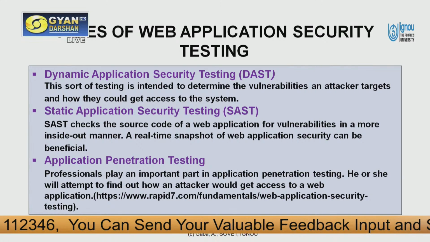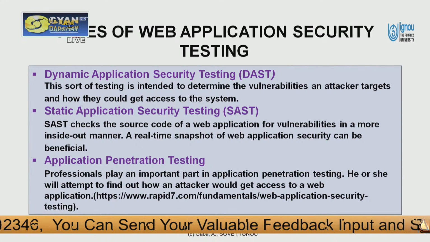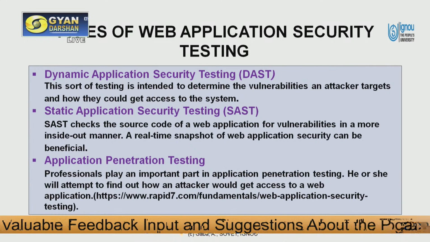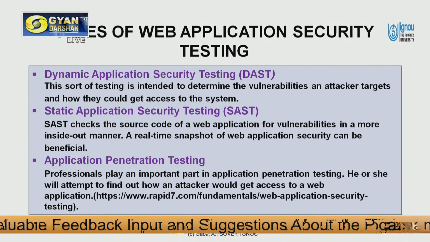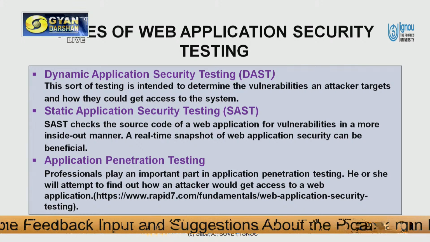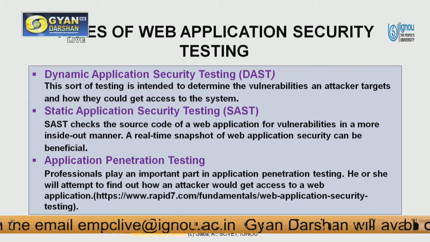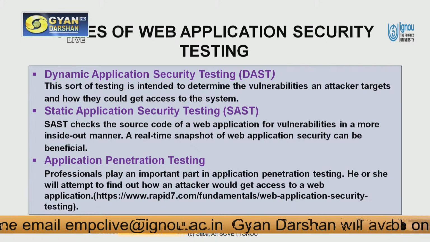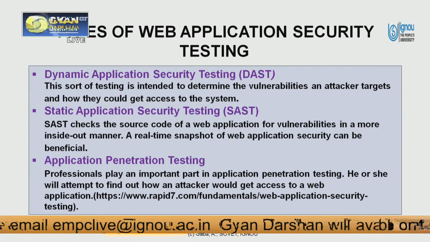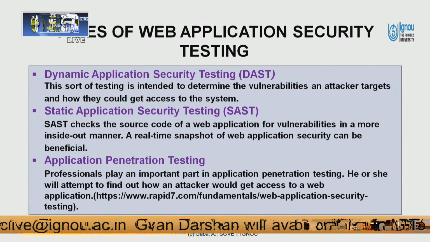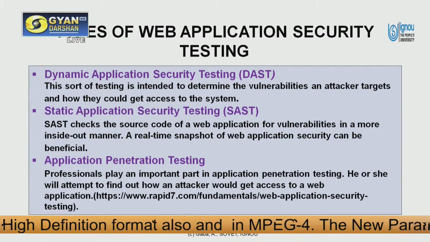These are the different types of testing. As learners, when you are a student of the MSc Information Security program, your job is to study the materials we are discussing today. But when you apply these steps in your organization, you have to know the different types of application security testing. And the last part is that professionals play an important part in application analysis testing.